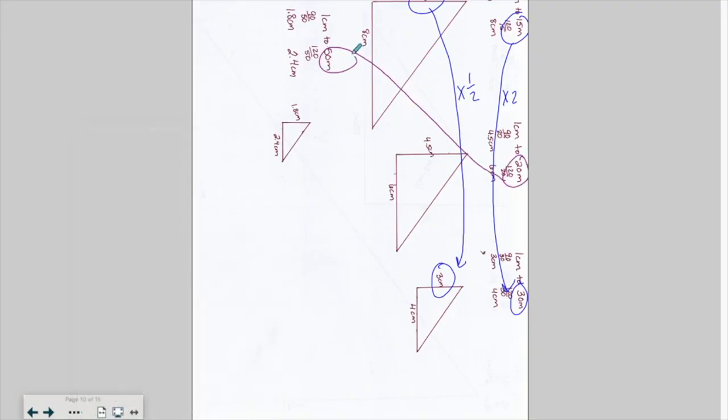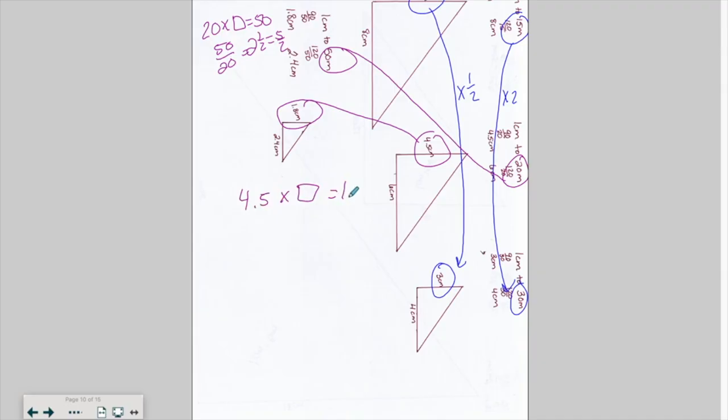To go from 20 to 50, we multiply by 2.5, or 5 halves. If I look at the side lengths, 4.5 times what equals 1.8? 1.8 divided by 4.5, well, that's the same as 18 divided by 45, which is 2/5.